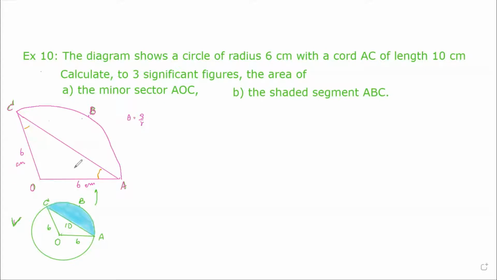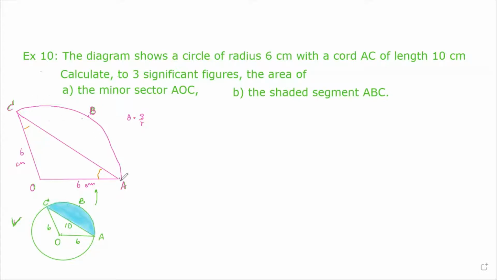Okay, then if we analyze first, if we know the whole area, the sector AOC, then we minus the triangle AOC, then we get the shaded area for ABC right away, right?